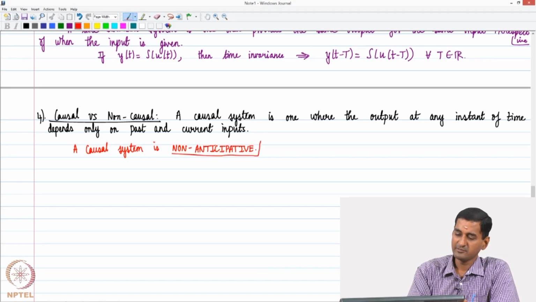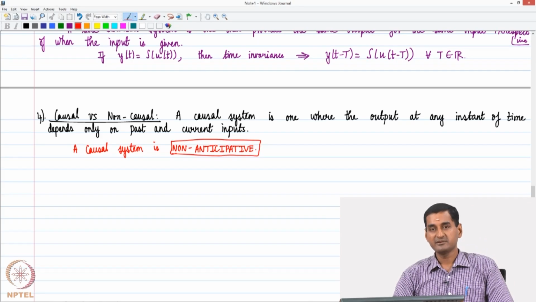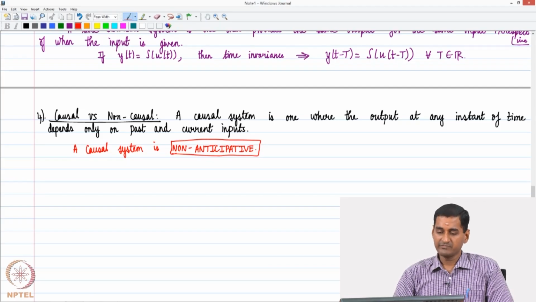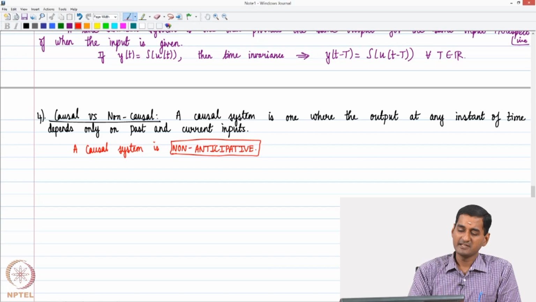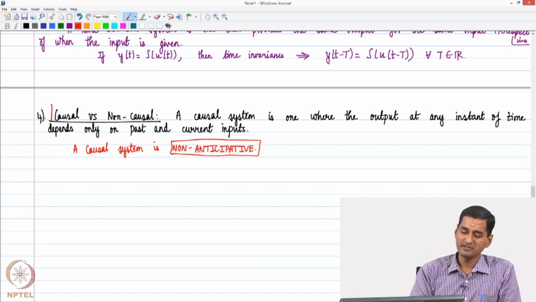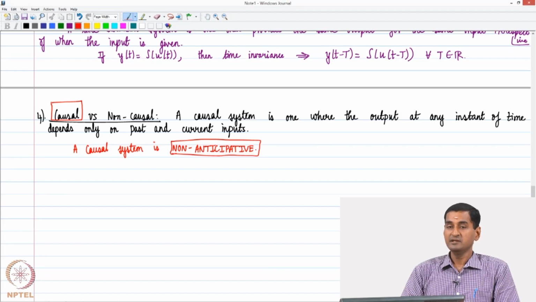That is very, very important. Whereas a non-causal system is anticipative. That is the difference between causal and non-causal, and in this particular course we are going to consider systems that are causal.